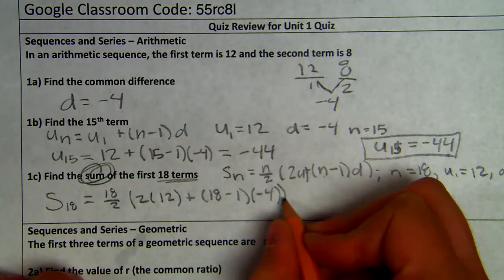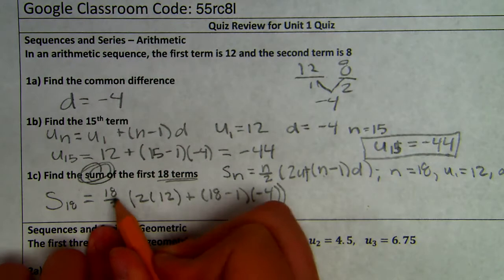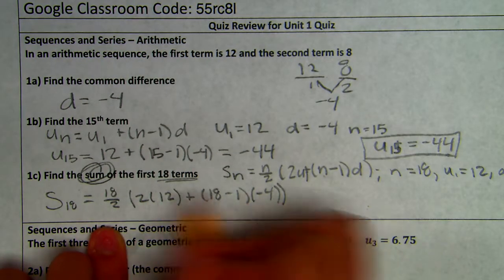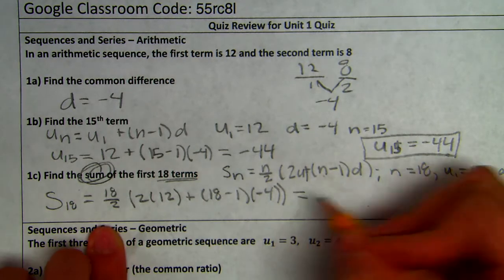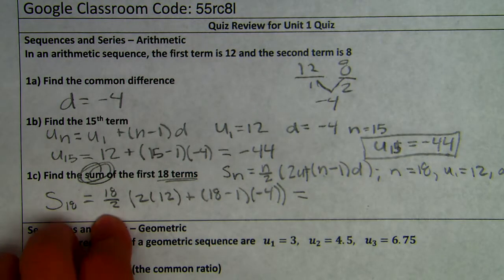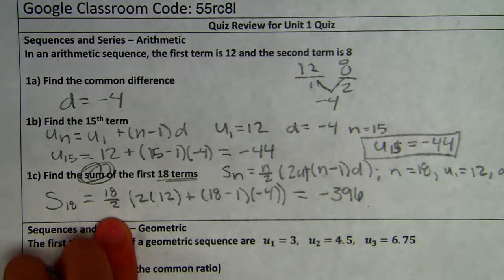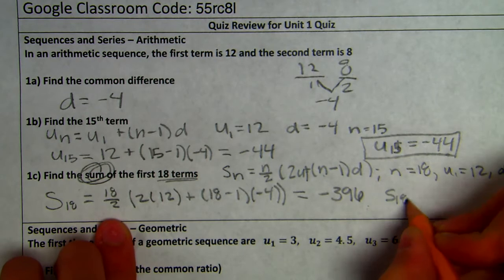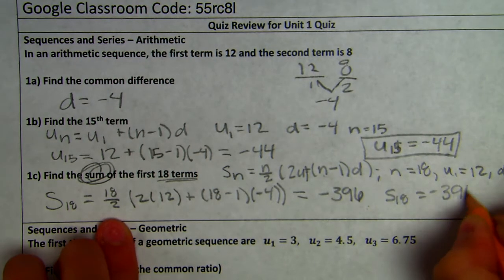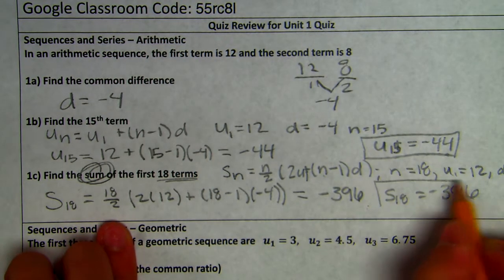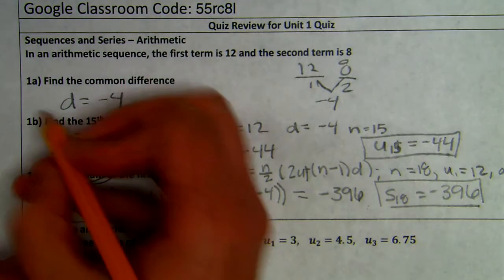Make sure to add that second set of parentheses because we need to multiply this entire part by 18 over 2. I just popped that right into my calculator and I got negative 396. We can talk about it if the arithmetic is wrong, but I'm feeling pretty good about that. So the sum of the first 18 terms is negative 396.